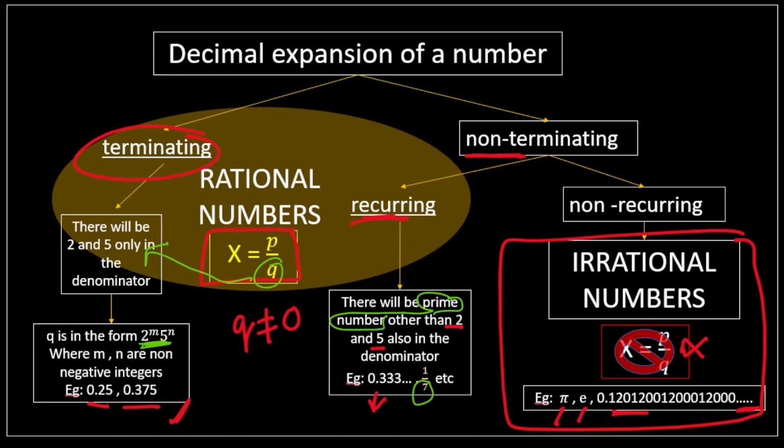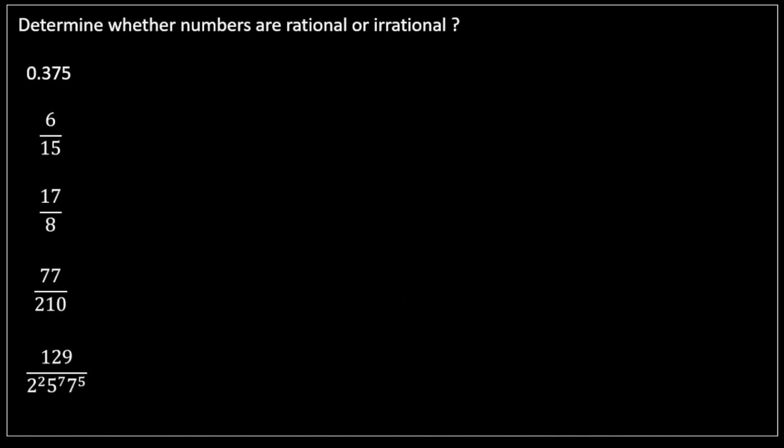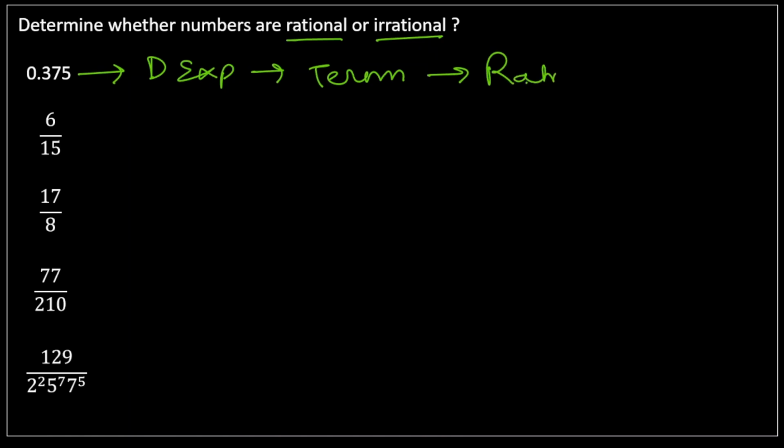Let us go through the examples. Determine whether the numbers are rational or irrational. This is a decimal expansion. It is terminating, so it is a rational number. This is a fraction.